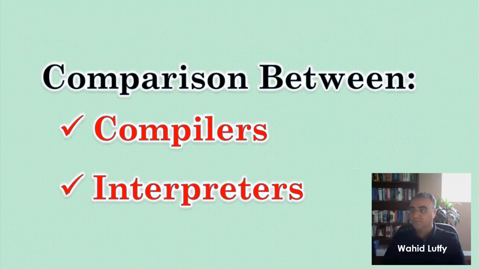And now I'm going to talk about the comparison between compilers and interpreters. Why do we have compilers? Why do we have interpreters? What are the differences? First of all, the main difference is that compilers take compiled code: the source code is given to the compiler at once, whether it's one page of a program written in C, Java, or any programming language such as Go.